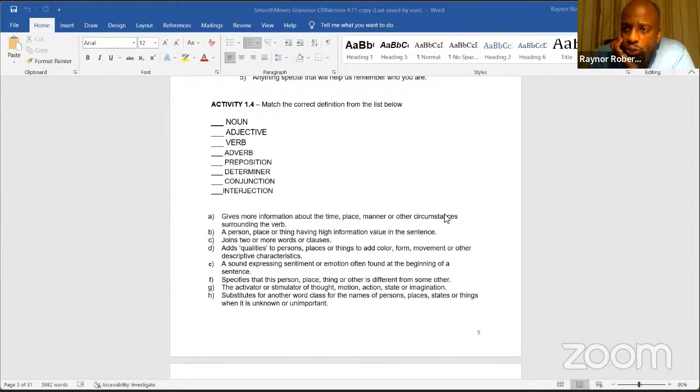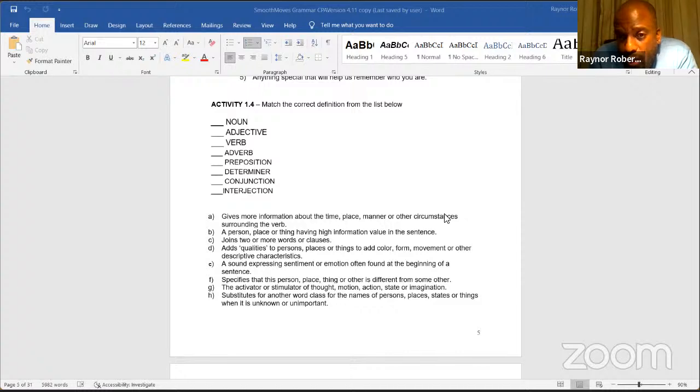Because all words could have different meanings. "As" can be a conjunction, and let's do "so." "So" could be an adverb, it could be a conjunction, it could be a subordinating coordinator.